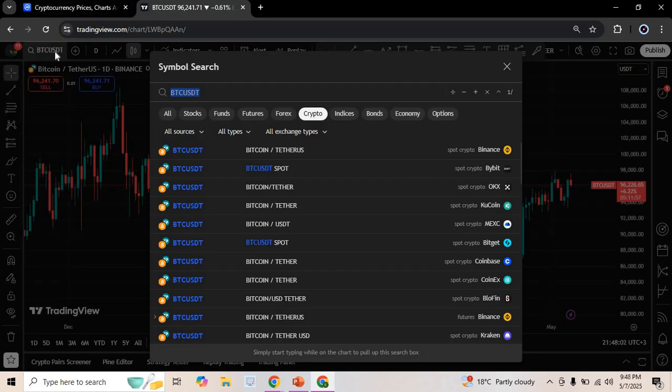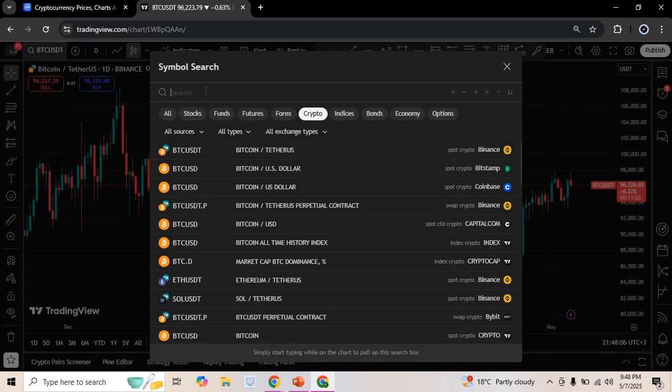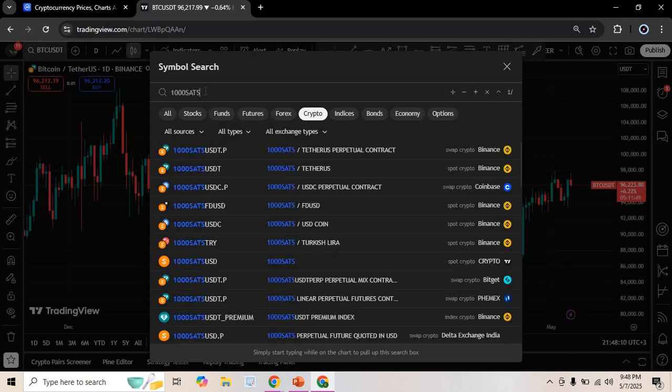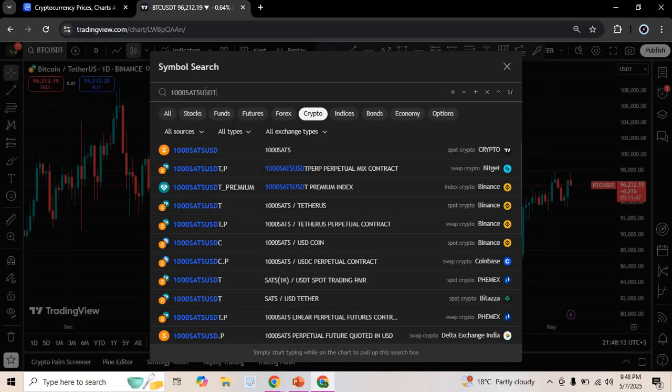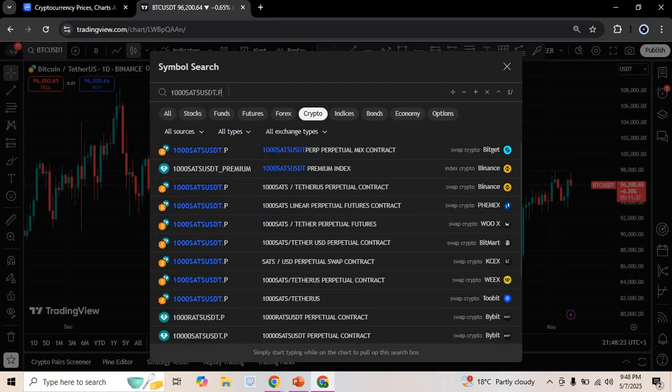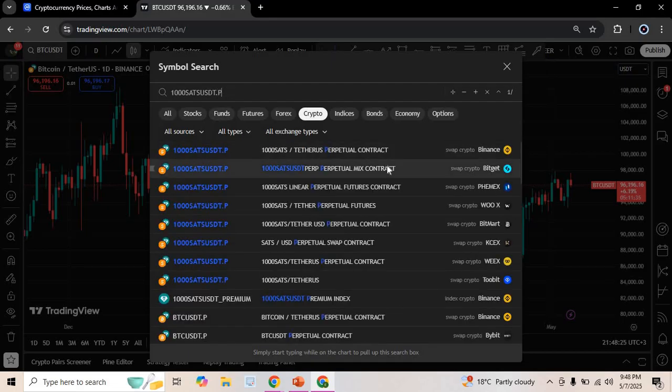So from this part right here, as I was saying, this is where you choose your trading pairs. If I have an interest in a coin like 1000 stars USDT, like that. If you want the spot markets, you just stop at that. But if you want the futures market, you add .P. .P is perpetual, meaning futures contract or futures market.